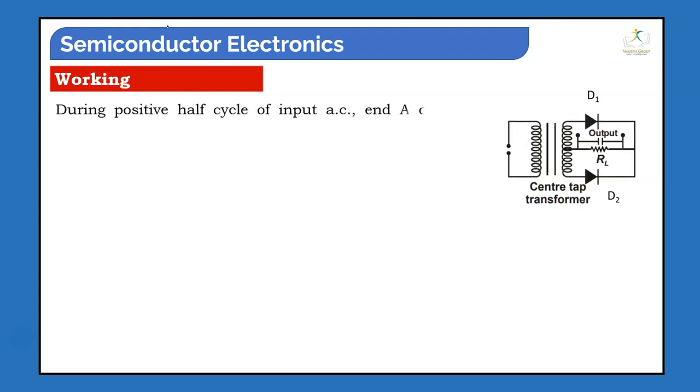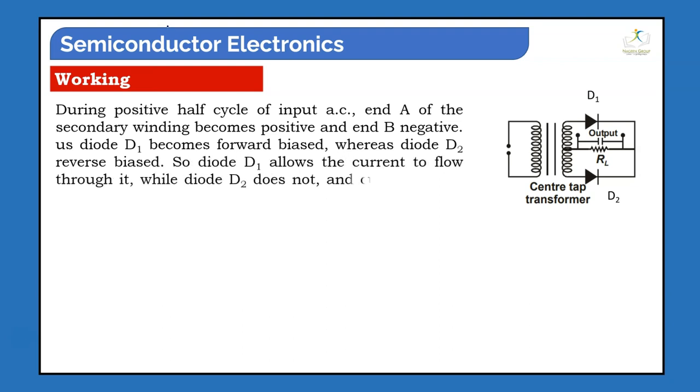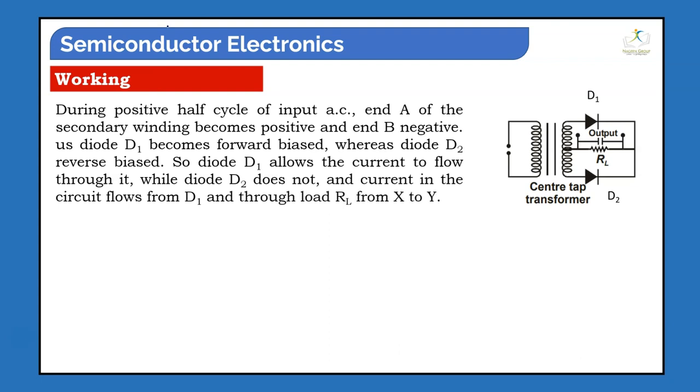During the positive half cycle of input AC, end A of the secondary winding becomes positive and B is negative, so diode D1 becomes forward biased whereas diode D2 is reverse biased.